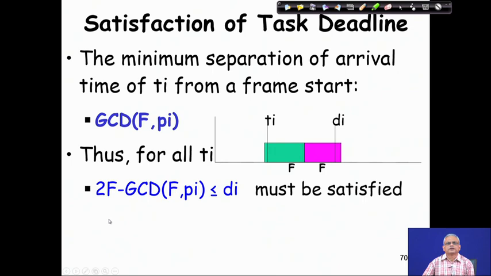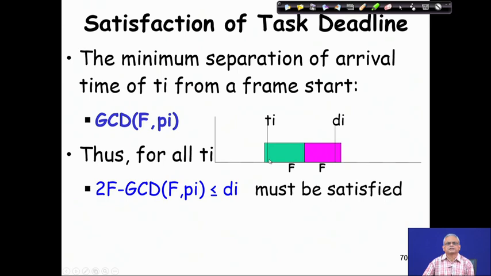So, 2f minus GCD(f, pi) less than di must be satisfied. So, the worst case occurs for any task given by the GCD(f, pi). So, it may at most occur after GCD(f, pi) of a frame.